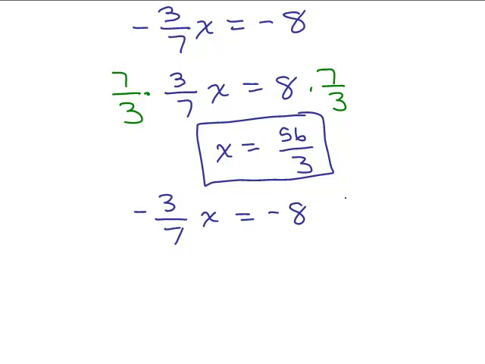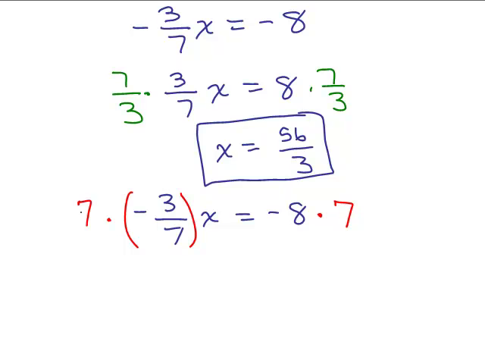The other way, instead of multiplying by the reciprocal, is to start by multiplying by the least common denominator. So you can multiply both sides by the least common denominator to get rid of all fractions. That's called clearing the denominator. So if I do that, again, I want to think of that as times. There's only one denominator, 7, so I'm going to multiply both sides by 7.